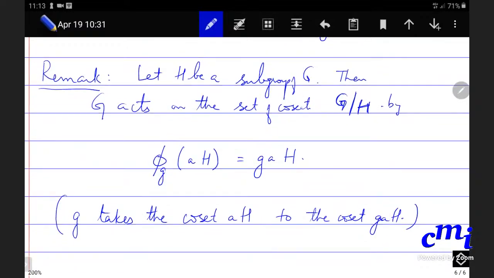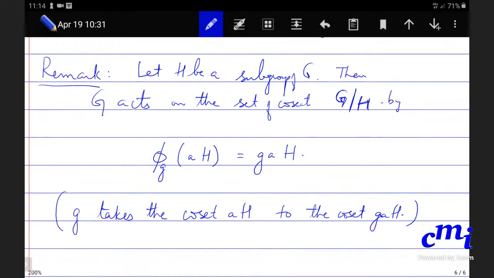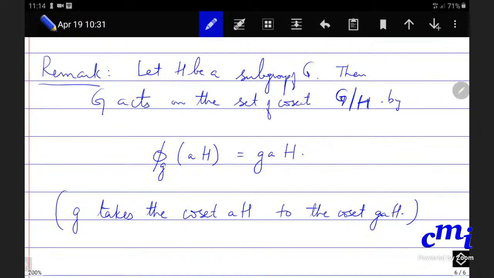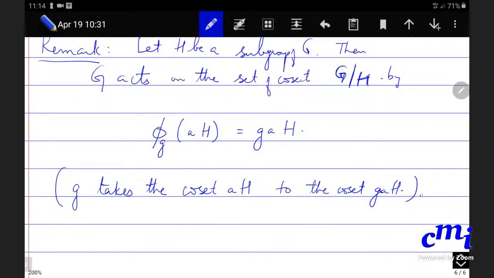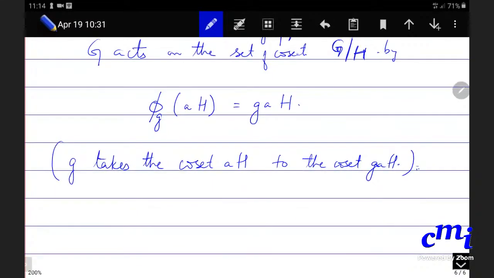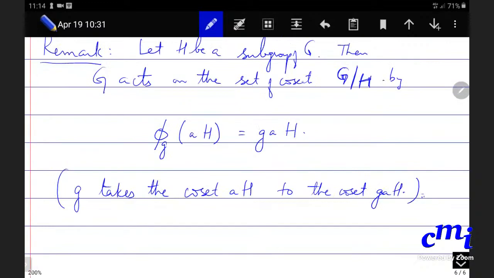So this is a useful action, and we would need to study this. At some point we would need to look at the action of G on the set. So proposition.